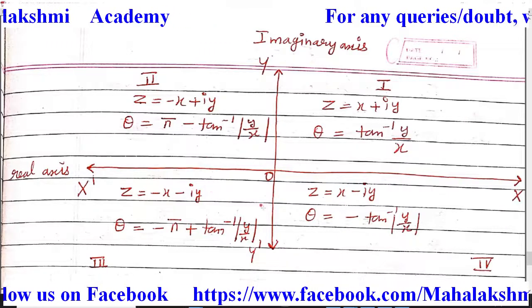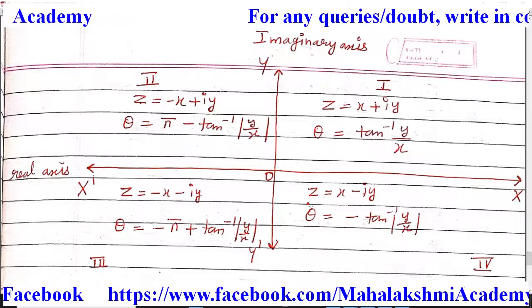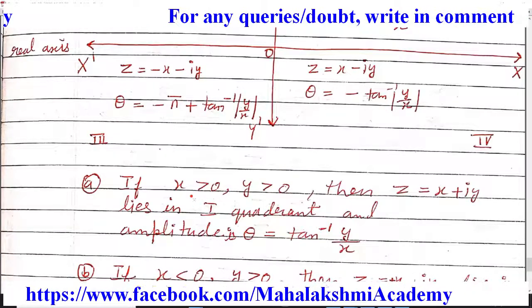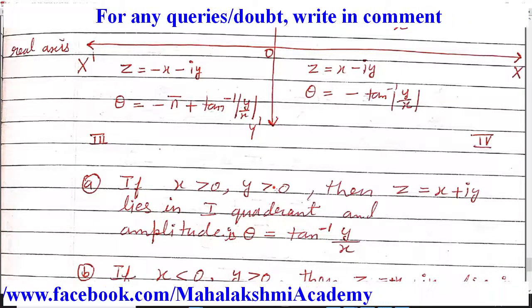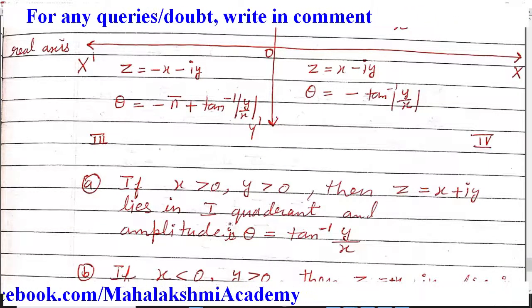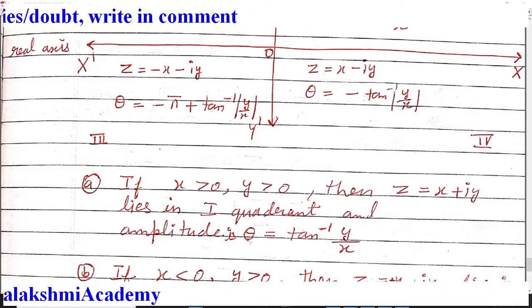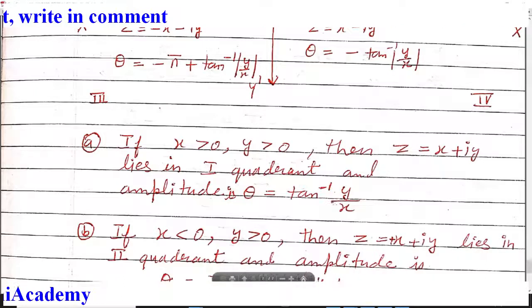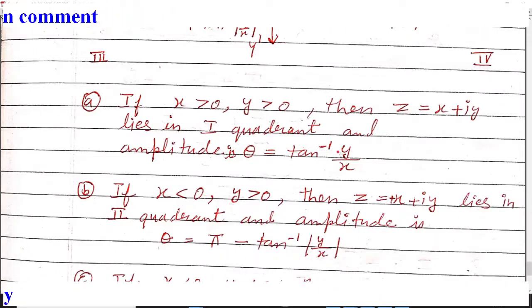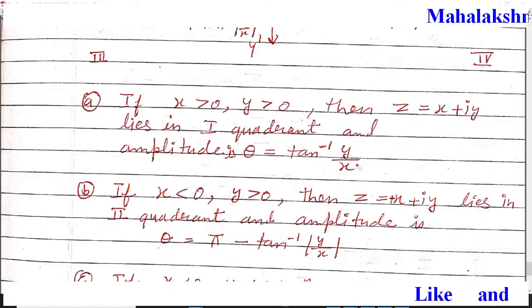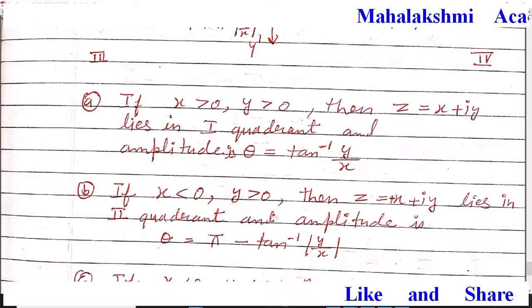All these formulas I wrote in points. If x and y are greater than zero, then the complex number lies in the first quadrant, and in that situation the amplitude, or you can say argument, is going to be tan inverse y upon x. Here modulus is not necessary because both are positive, but if you apply it, the answer is not going to differ.